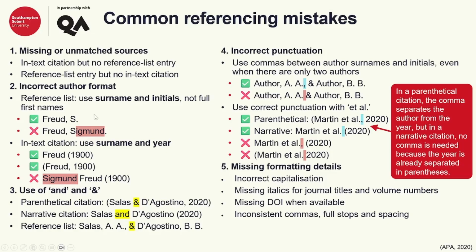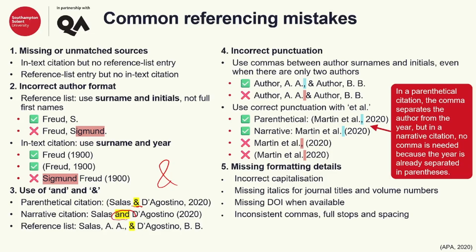The third common problem concerns the ampersand. In a parenthetical citation, use an ampersand. For example, (Salas & D'Agostino, 2020), in brackets with an ampersand between the surnames. In a narrative citation, use the word and.